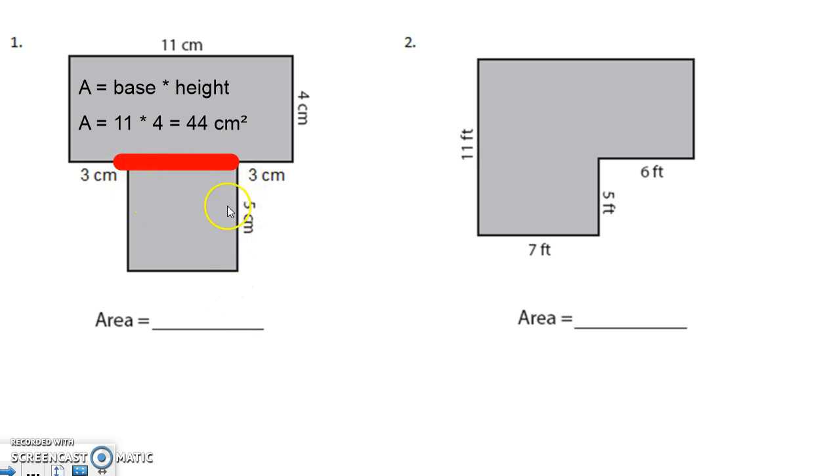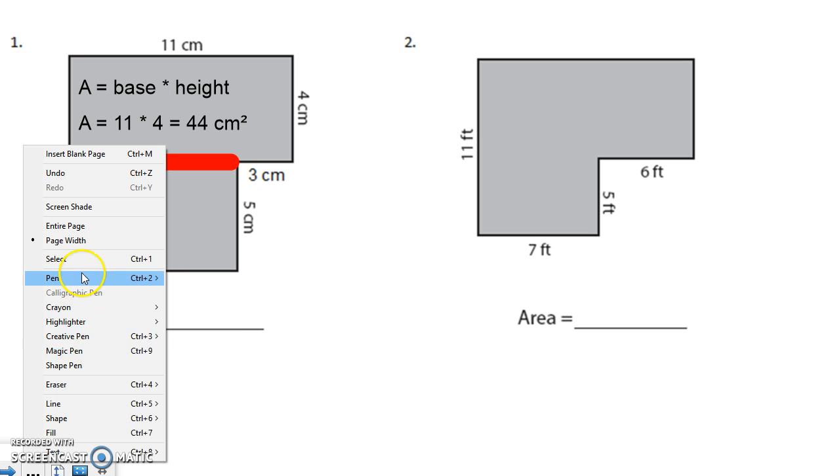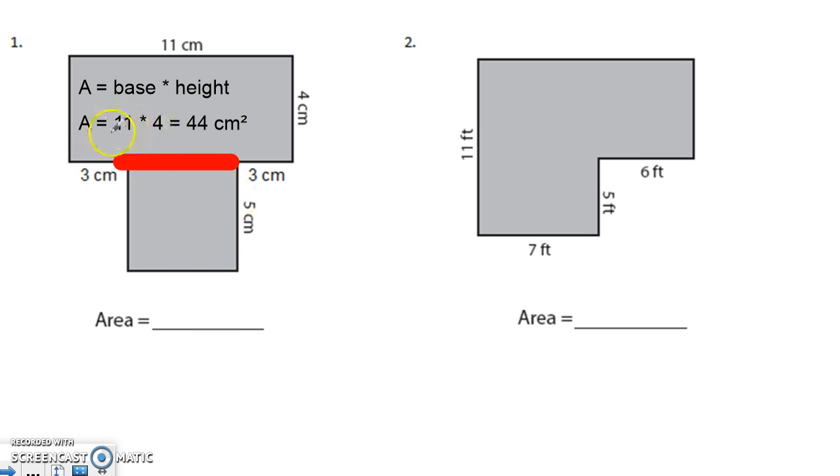Then we have to figure out what's going on down here, what this shape is and what this dimension is. I know this is 5 centimeters, and this is where this can get a little bit tricky. Notice that this is 3 centimeters and this is another 3 centimeters. So total 3 and 3 means that this is 6 centimeters.